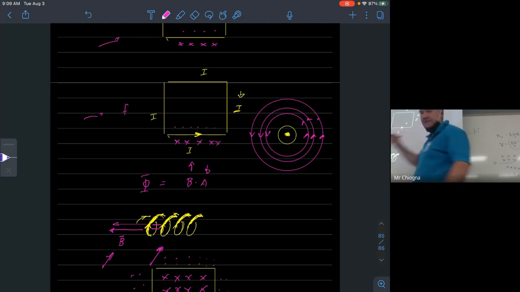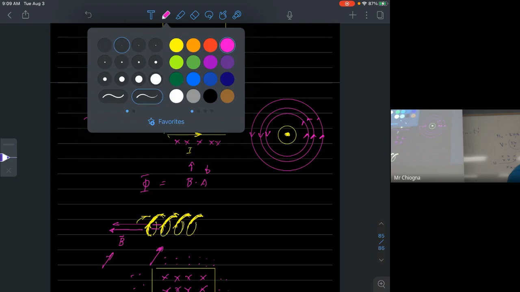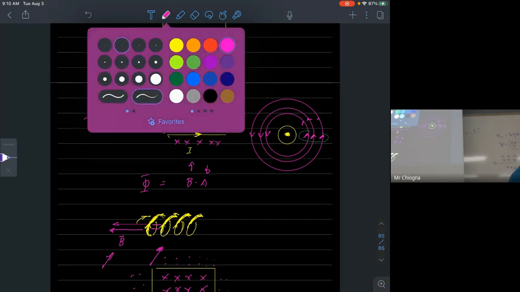These three here, let me do it in a different color. How far do those fields extend? Let me finish. Focus. These three here represent, it would be like this, so we're clear.